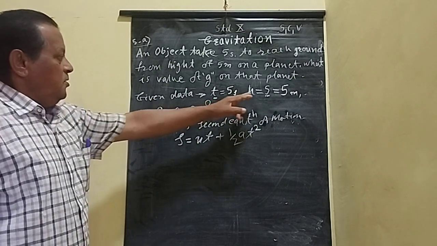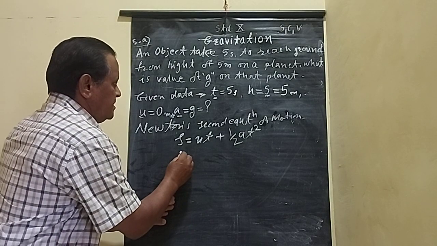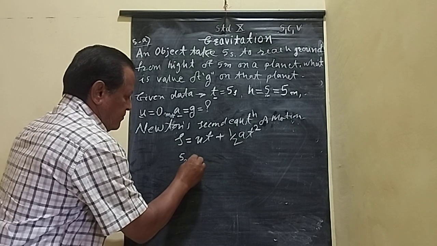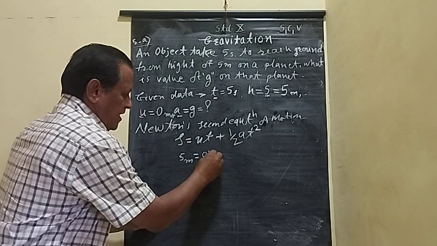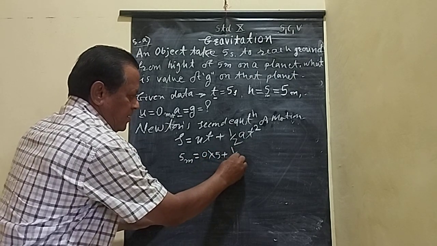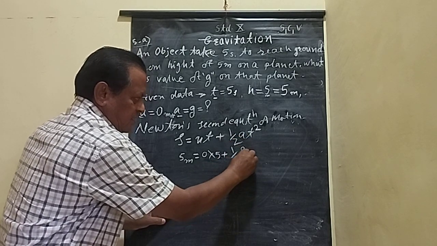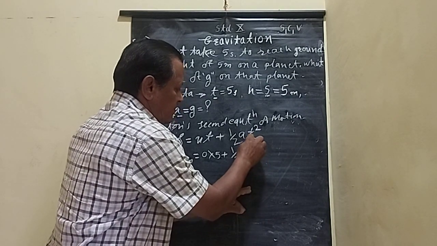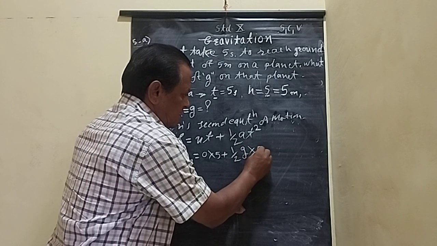Now we will put the values in this equation. s is given, 5 meters, is equal to ut, 0 multiplied by t which is 5, plus half a, in this example is g, gravitational acceleration, multiplied by t square.